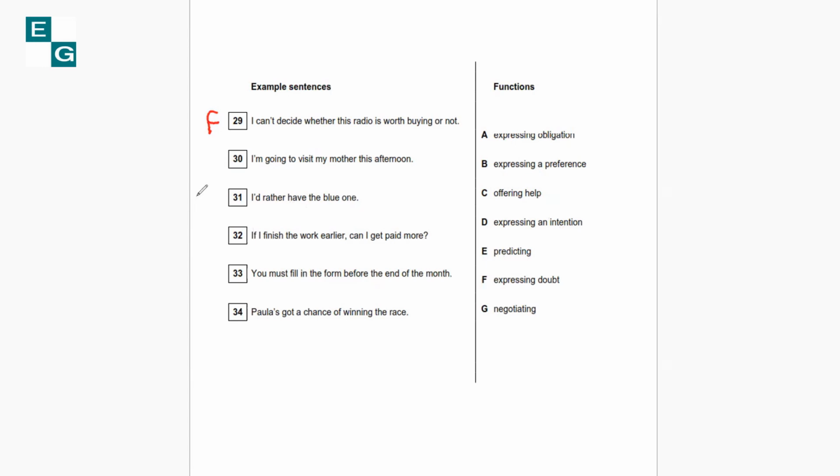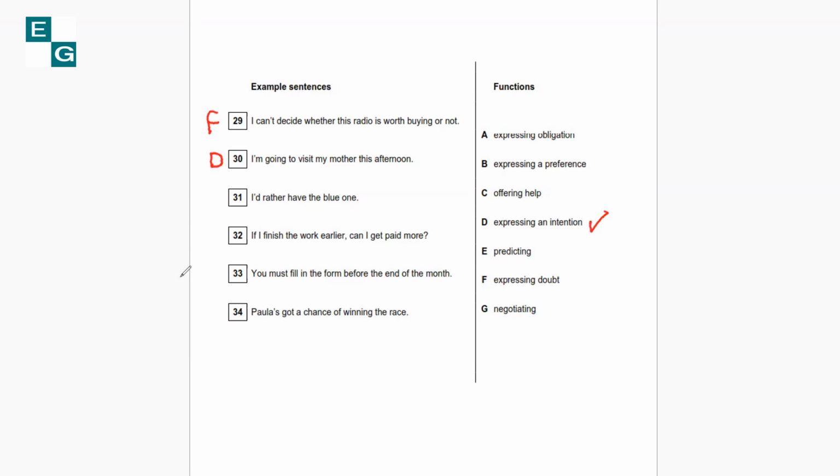Doubt is what you are expressing here. Number 30. I'm going to visit my mother this afternoon. And by doing that, the person is expressing an intention. Because this is what I want to do. I want to visit my mother.